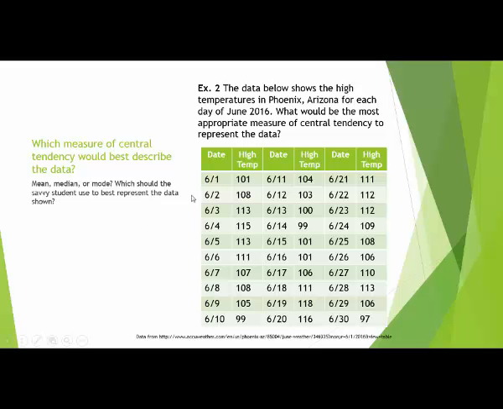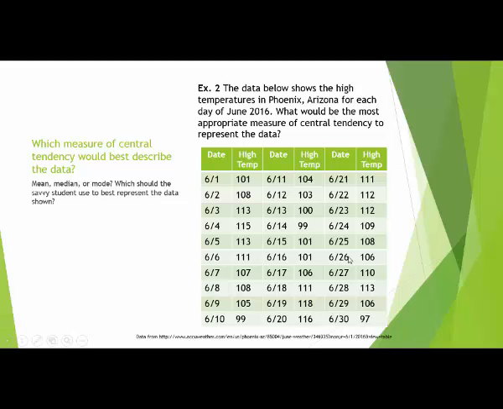So again, it's really important to be able to look at your chart and know what your data is. What were we recording? We were recording high temperatures. So our data is going to be all these columns of high temperature, not the dates. So let's examine this data. Take a look at these numbers. I don't see a single number repeating over and over again. I don't see any huge outliers, like there was no day that it was 200 degrees or negative 20.